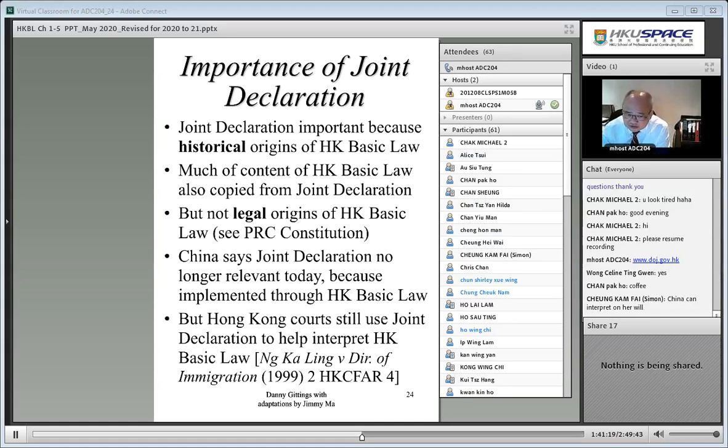In fact, the promise that the Chinese government entered into was to promulgate the basic policy in the Joint Declaration in a basic law, which she has done. And you will see much of the content of the Hong Kong Basic Law was actually copied from the Joint Declaration.